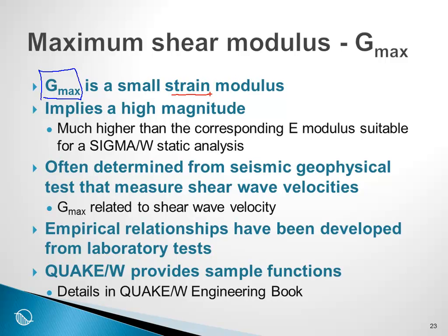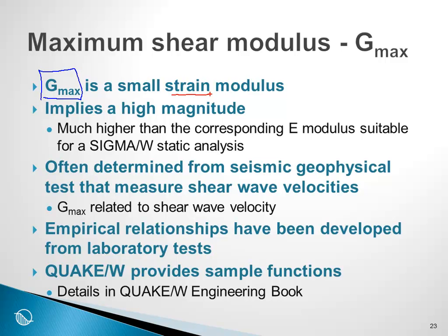The Gmax is often determined from seismic geophysical tests that measure shear wave velocities, and Gmax can be related to the shear wave velocity. There have been empirical relationships developed from laboratory tests, and what we have done is incorporate these empirical relationships in QUAKE/W, and so we provide a series of sample functions.